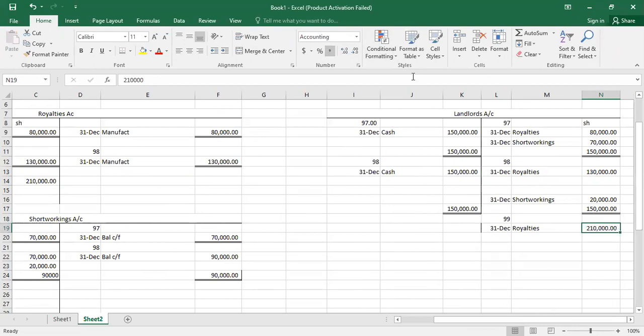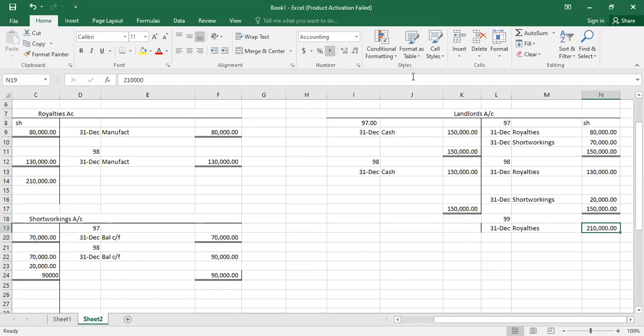We'll close the same with the manufacturing account, but let's now come to this: did we experience a surplus or a short working? Surplus. So what do we do? We reverse the entries to close the short workings account, isn't it?